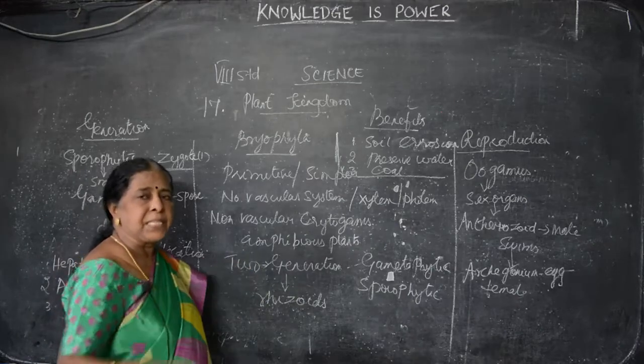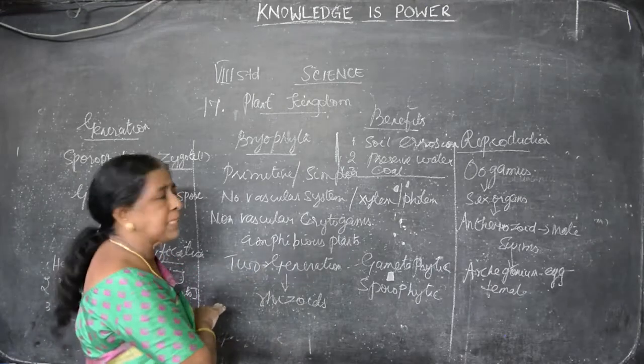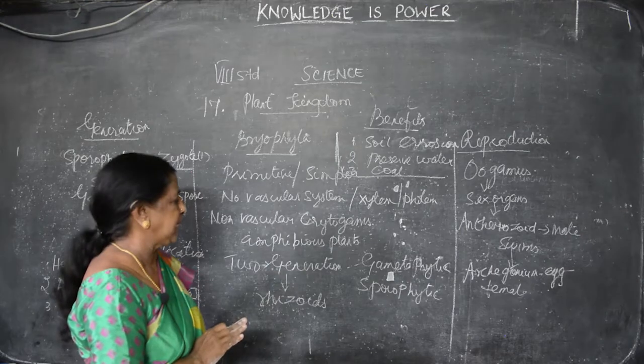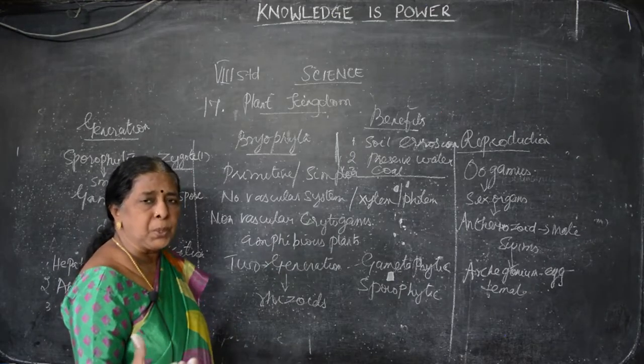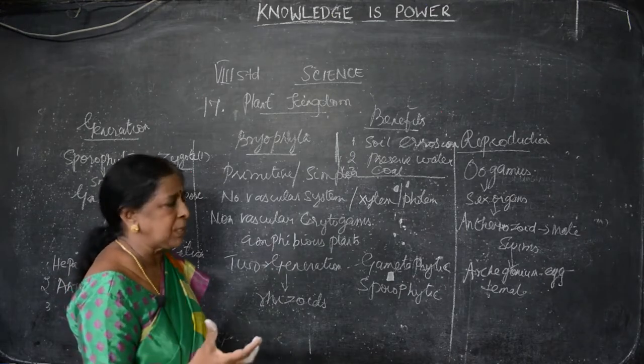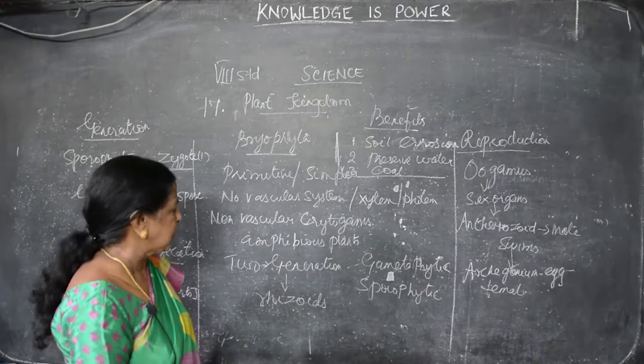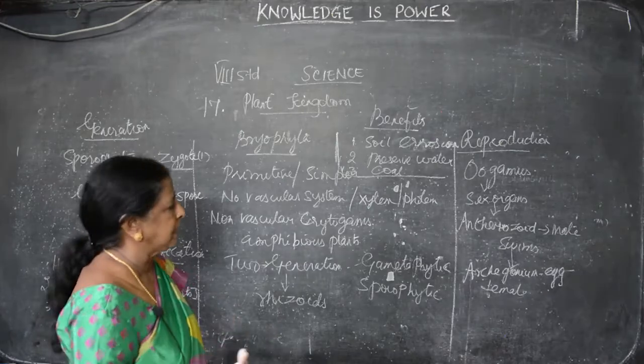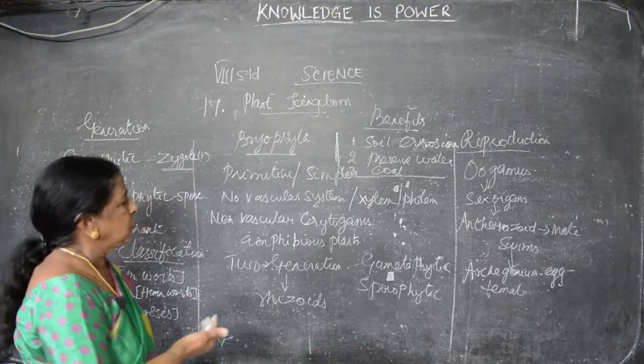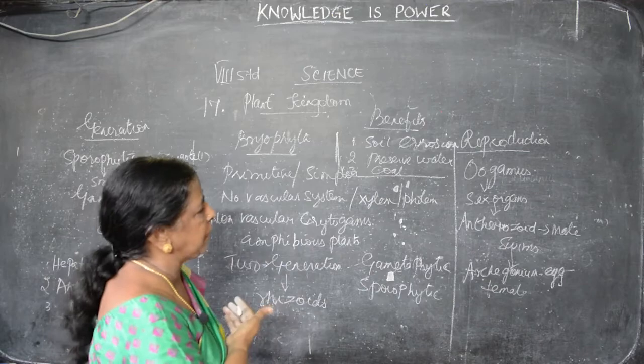To complete its life cycle, it has two generations: one is sporophytic generation, the other is gametophytic generation. There is no root. Instead of root, there are rhizoids. By using rhizoids, they can fix to the substratum, the place where they grow. Instead of stem, there is a thallus.